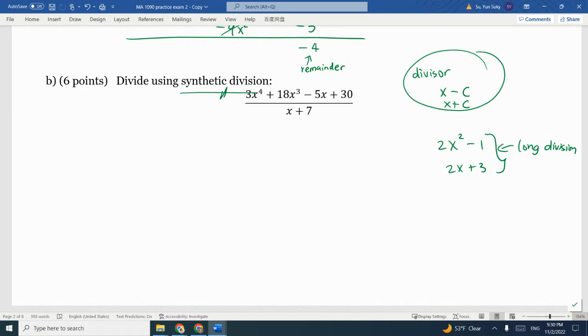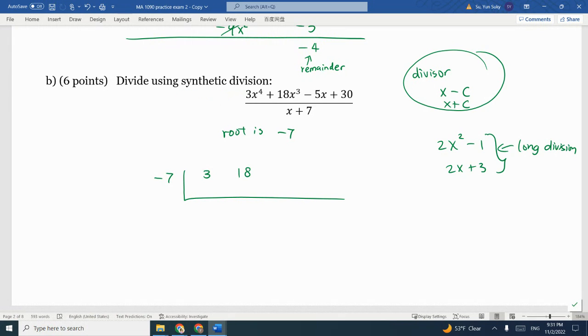X minus c. Okay, so sorry, x plus 7. So the root is negative 7. Okay, so it's always the opposite sign. So negative 7, put it here. 3x to the fourth, 18x cubed.